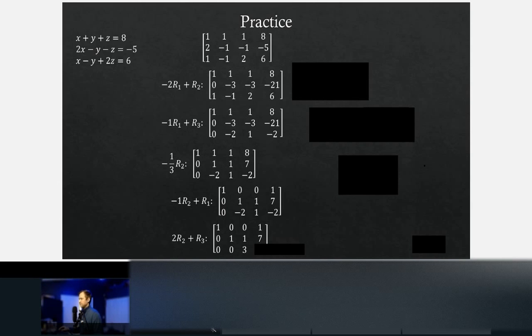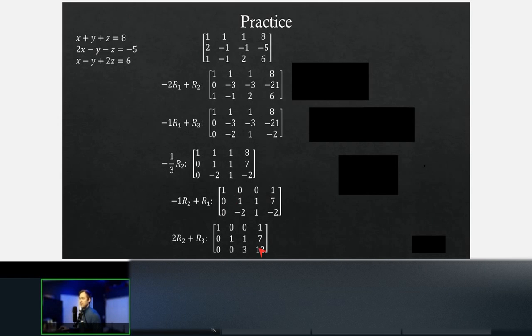And then 2 times 7 is 14. And 14 plus negative 2, or in other words, 14 minus 2 gives us 12. Yeah, very good. Very good. All right.